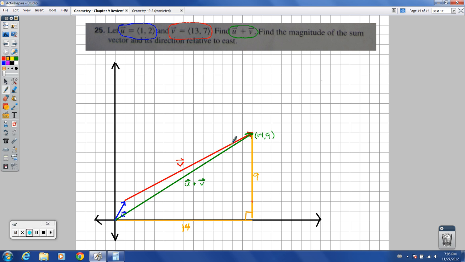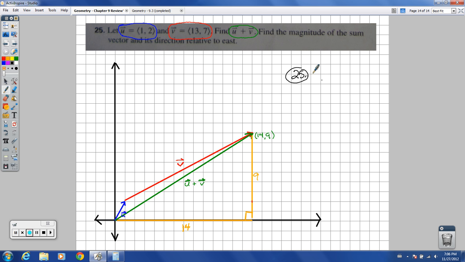And so what does that make that equal to? You can use the distance formula too if you like that better, but I prefer to think of things using the Pythagorean theorem. I think it's just easier to think about than trying to memorize that distance formula, but either way would work just fine.